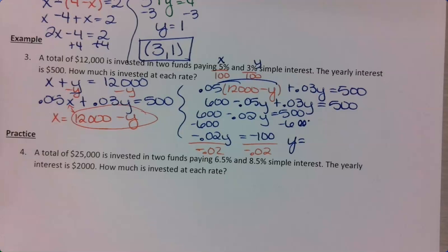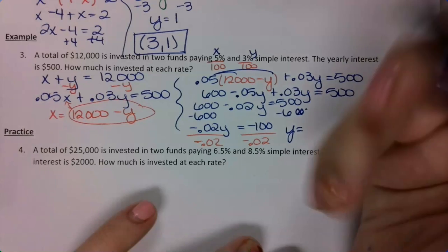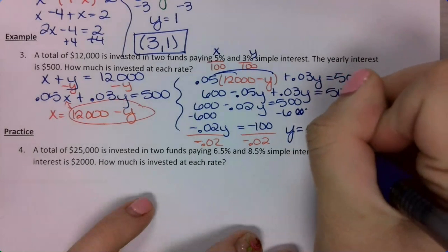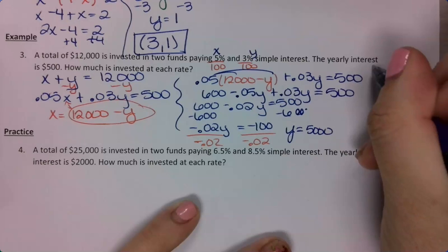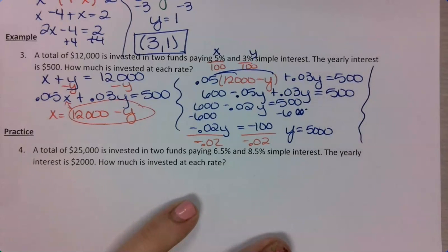I got 5,000. You said 0.2. Okay, so then I need to solve for x. Which equation you want me to use, top or bottom?